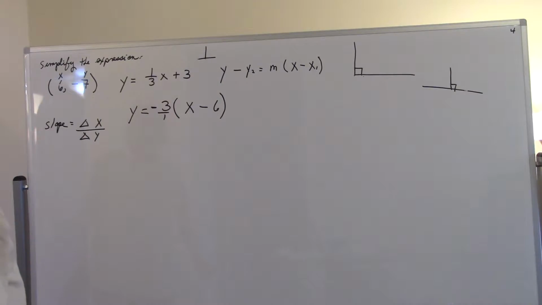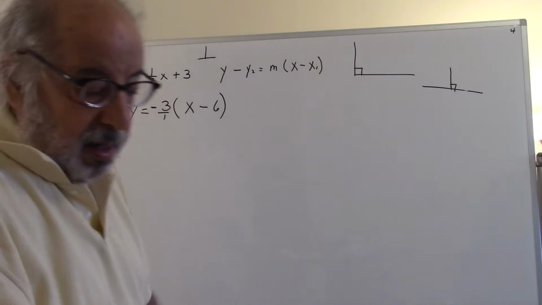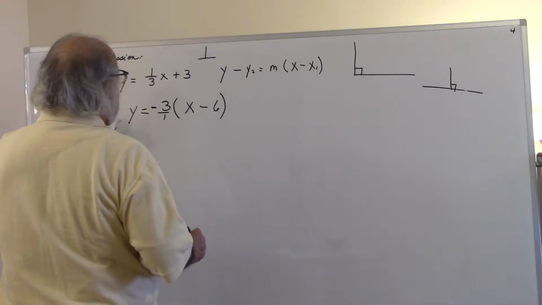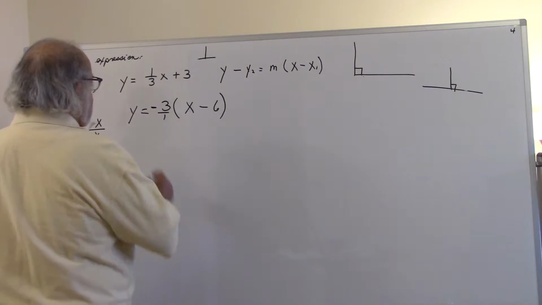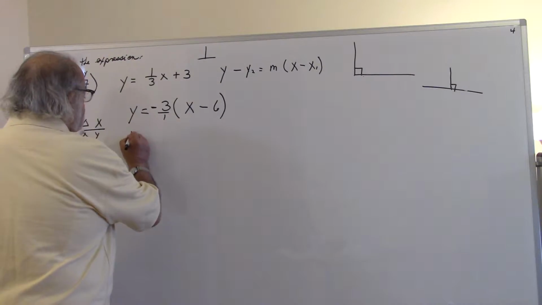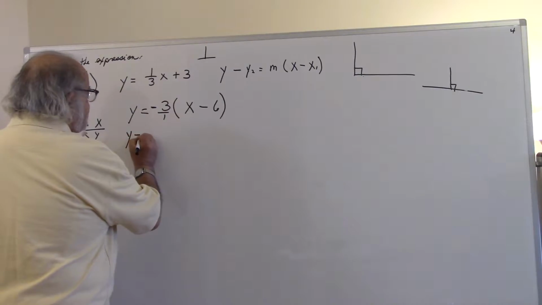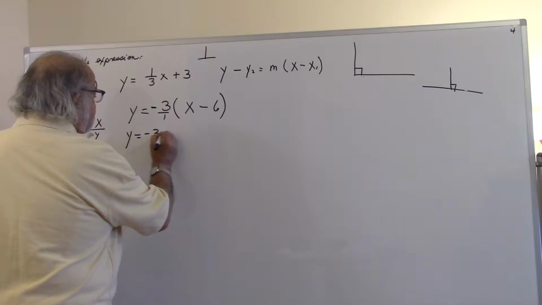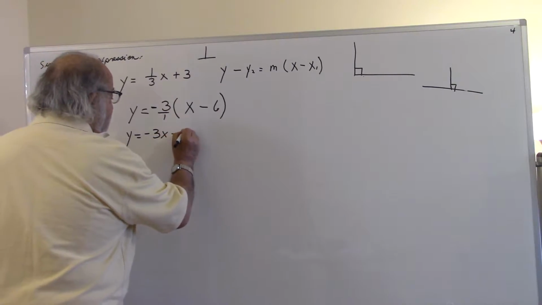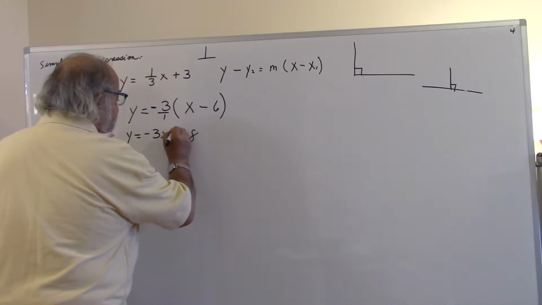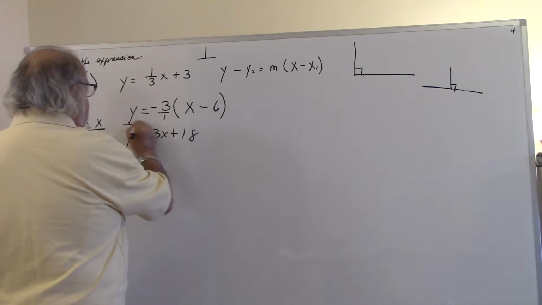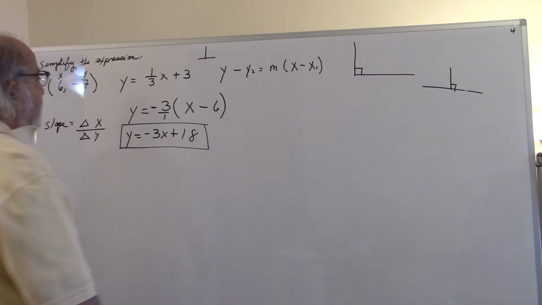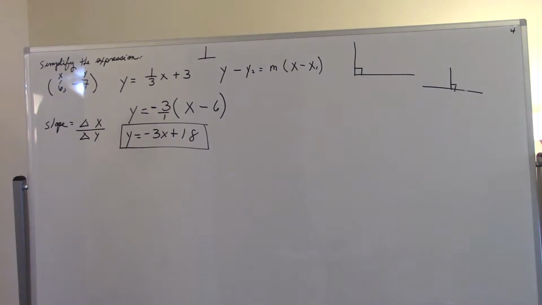And that's your equation. So now it's y equals minus 3x plus 18. And there's your slope-intercept form right there.